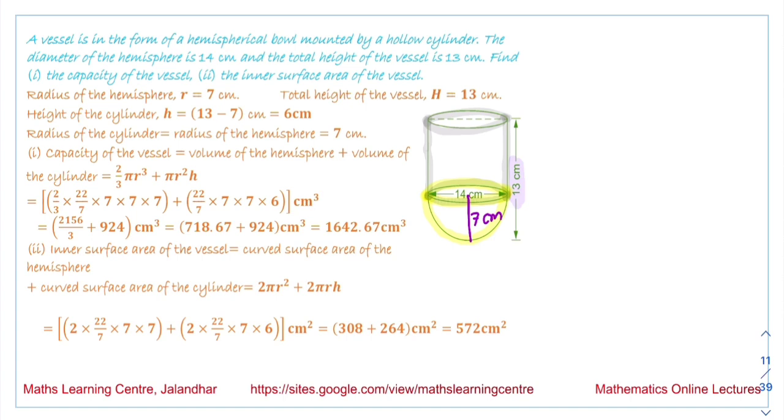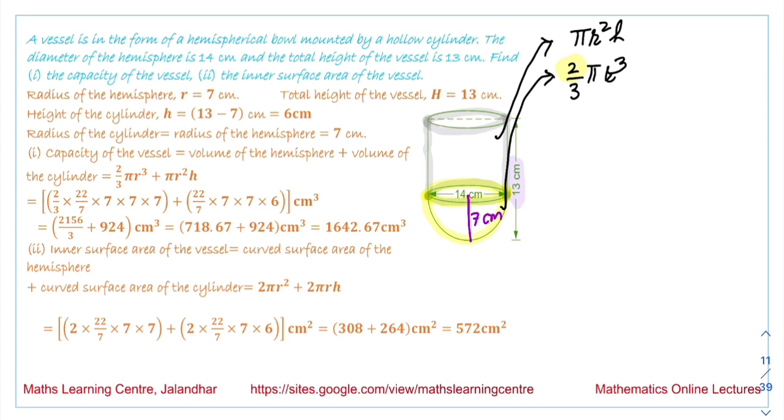So capacity of the vessel means we have to calculate the volume of this cylinder and the volume of this hemispherical vessel. The volume of the cylinder, we know the formula, is pi r square h, and for the volume of the hemispherical vessel, the formula is 2 by 3 pi r cube. It is a hemisphere, that is why it is 2 by 3 pi r cube.